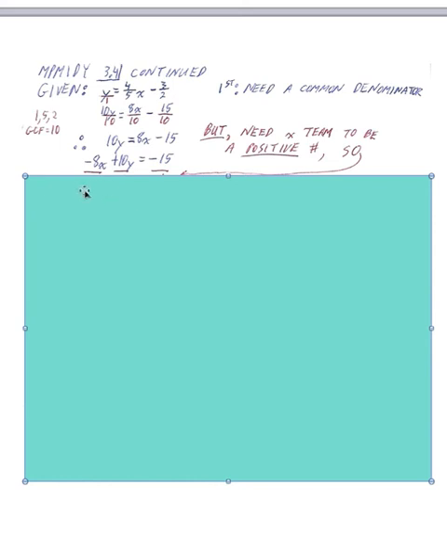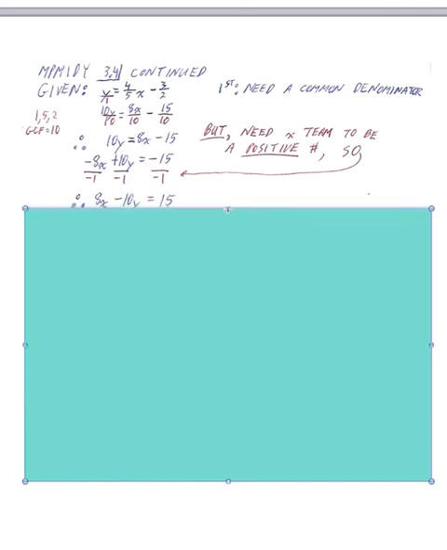Well, the way to get this to become a positive 8 instead of a negative 8 is to divide out by negative 1. And what I do to one piece, I have to do fairly to everybody. So if I divide each term by negative 1, what does it do for me? It gives me my positive 8x, my front term, positive, like I wanted. And it turns out that the 10y is negative, so that's fine. And the 15 becomes a positive this time. That's fine too. All right?